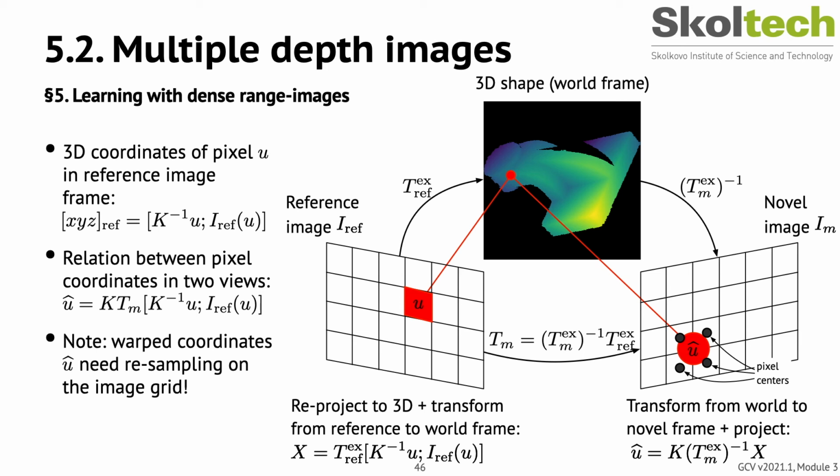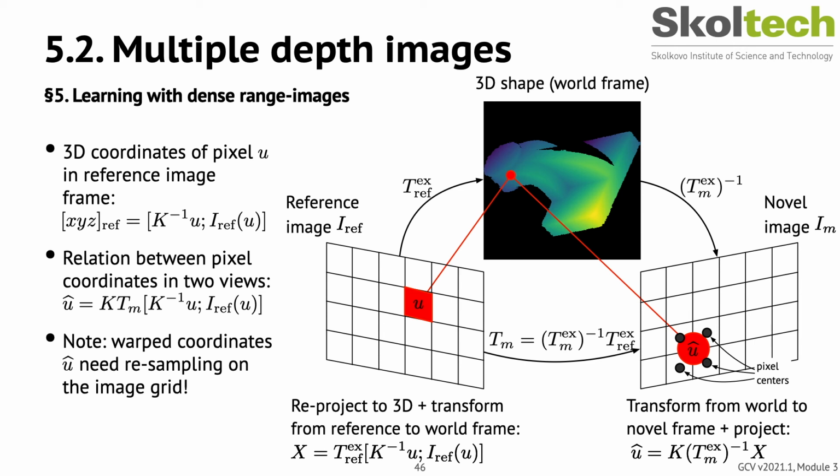To figure out how the point X capital is related to a different view I sub M, we use the associated intrinsic and relative extrinsic parameters and warp the reference view to the novel view, obtaining U hat. We follow by using bilinear sampling to yield I sub M of U hat.